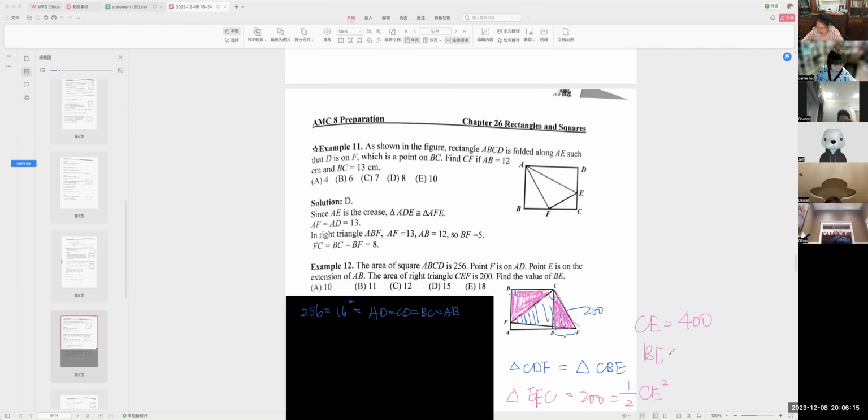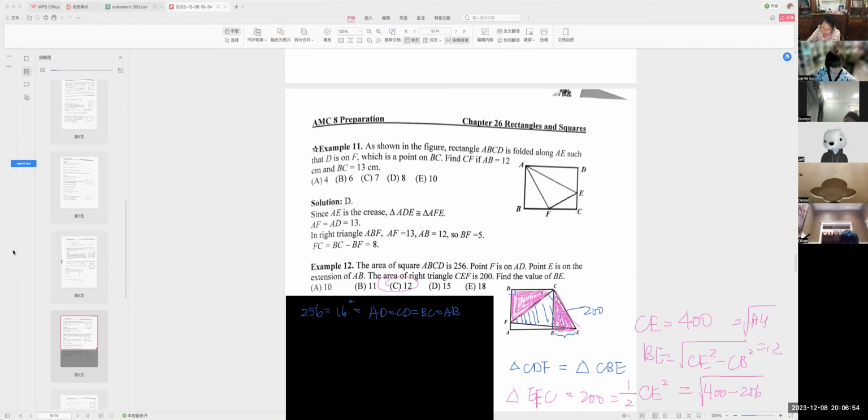And BE is the square root of CE squared minus CB squared, which is 400 minus 256, so the square root of 144. So that's why the answer is C. The square root of 144 equals 12. Okay, let me know if you don't understand part of it. Yes, good job, Jeff. You got it right, okay?